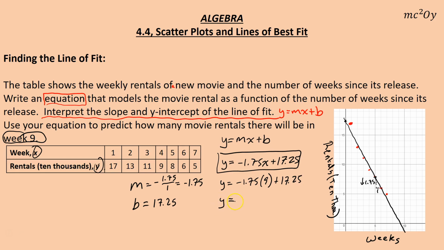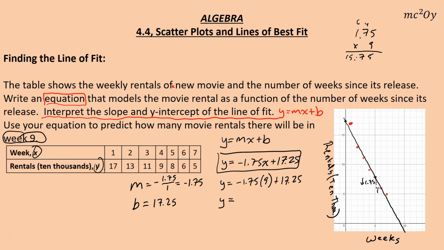So we get y equals negative 1.75 times 9. If you don't have your calculator handy, you can write it out if you can't do it mentally. So we got 5, 4, 63, 67, and 15.